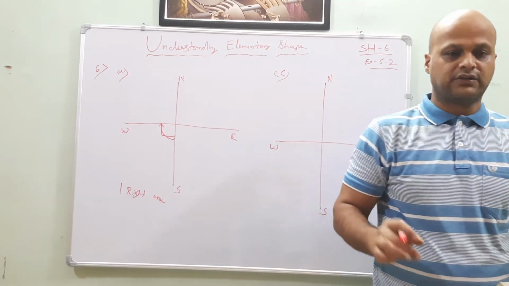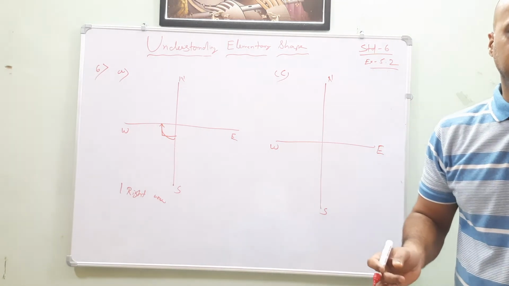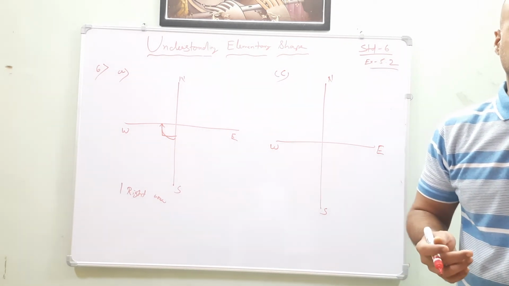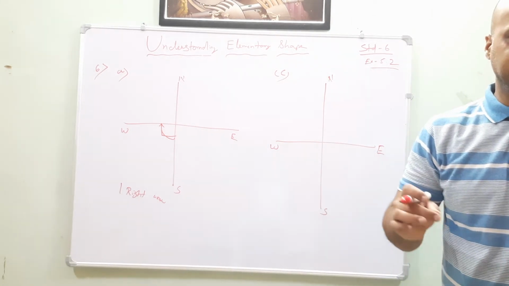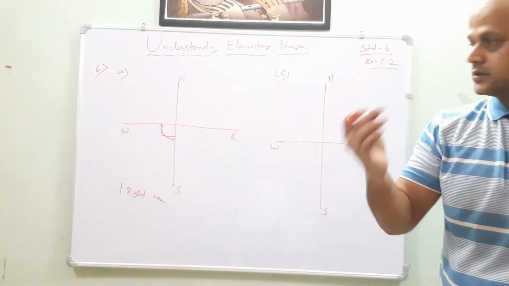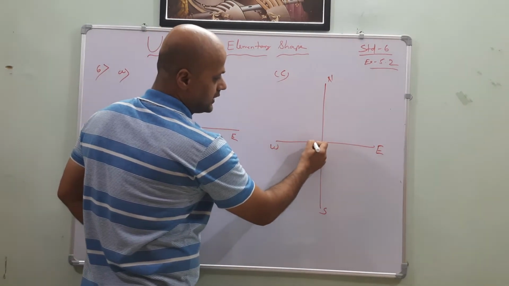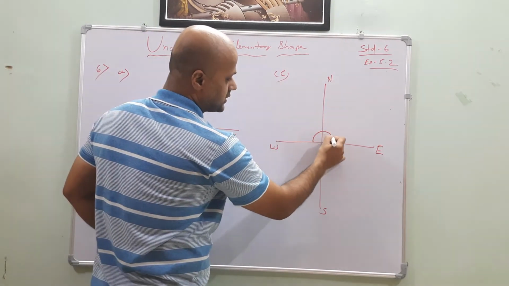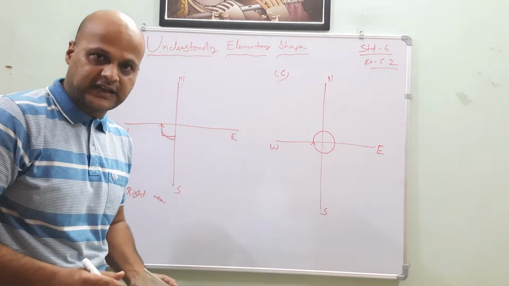Okay? The second one, the C rule, is saying start west and turn to west, clockwise direction. It's not saying about clockwise or anti-clockwise. It's saying west and turn to west. Take west. Turn to west means the same position I came back to.